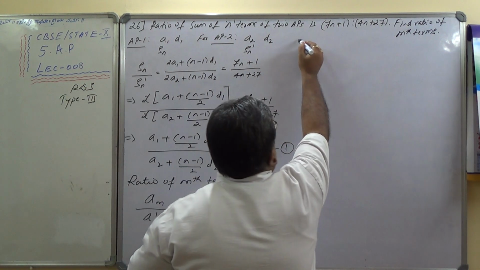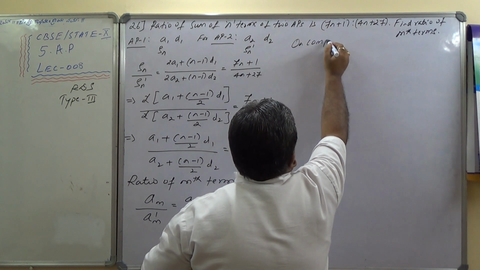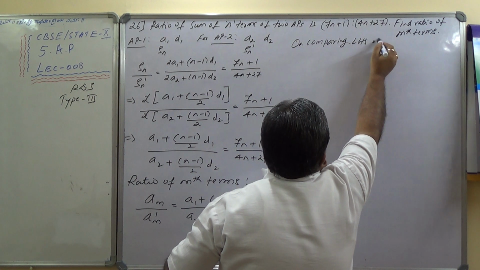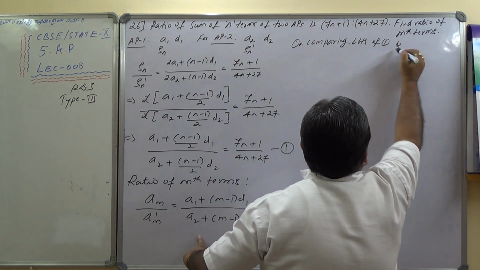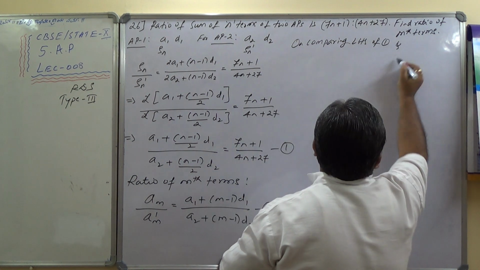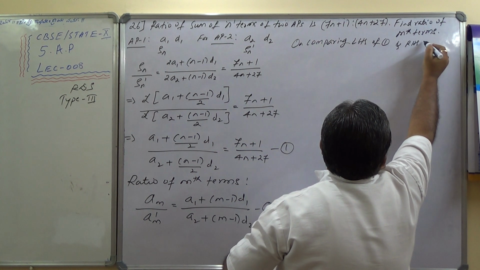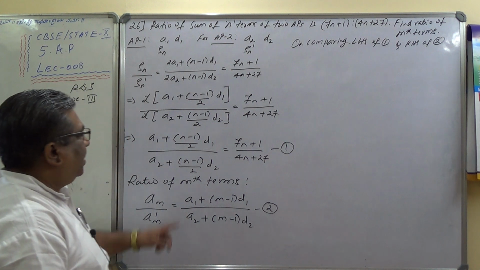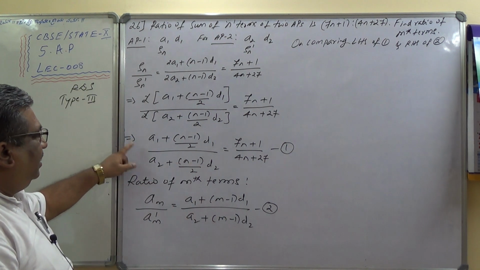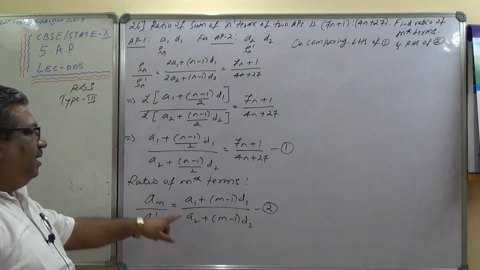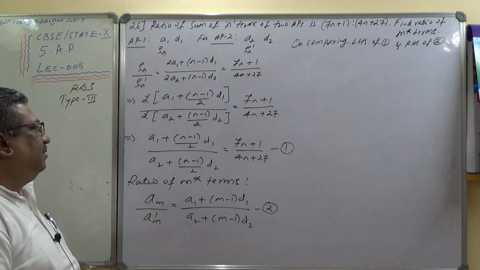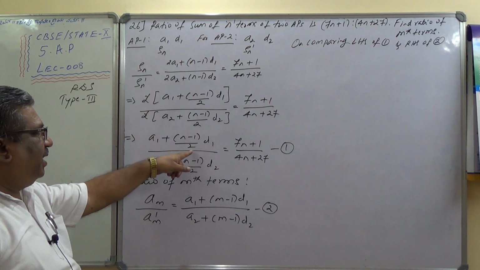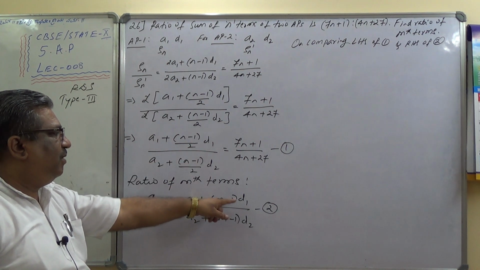On comparing LHS of 1 and RHS of 2, very important. I am comparing a1 plus (n minus 1) by 2 d1 with a1 plus (m minus 1) into d1.